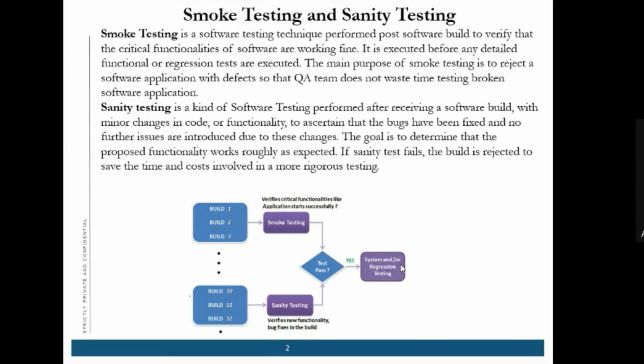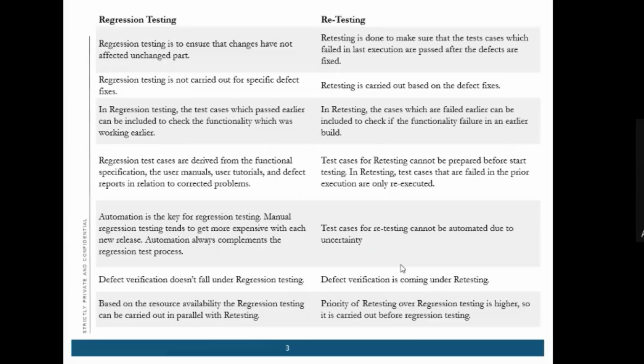Okay. So, moving further, we have missed this topic, what is regression testing and what is retesting. I will explain in a very brief way. Once you accept the build, as I told earlier, the build goes through sanity testing and smoke testing before being accepted.